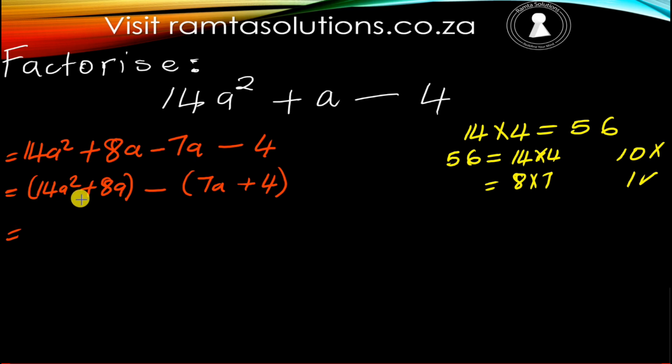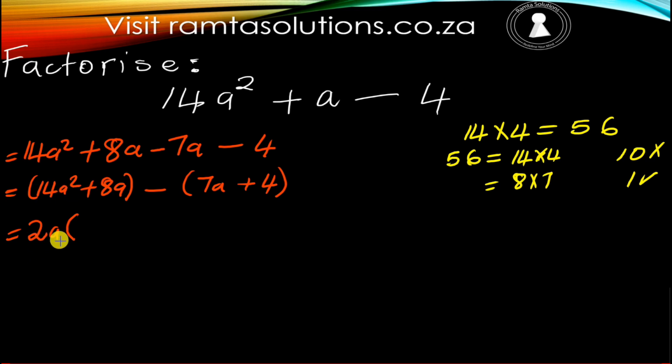Now as we factorize here, the highest common factor of 14a squared and 8a seems to be 8. Sorry, it seems to be 2, and a. So the common factor is 2a.